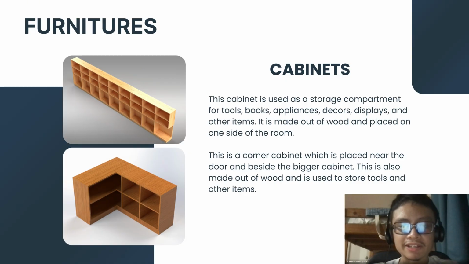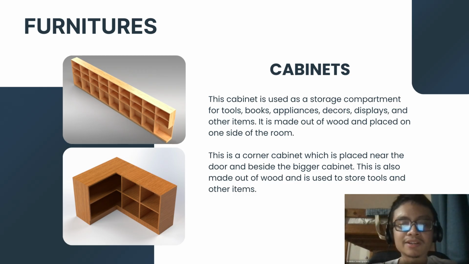Moving into the interior, we focused on modeling furniture that serves the functional needs of the faculty. First, look at the storage solutions. We modeled two distinct cabinet types. The main cabinet is a large wooden unit designed for comprehensive storage: tools, books, appliances, and department displays.